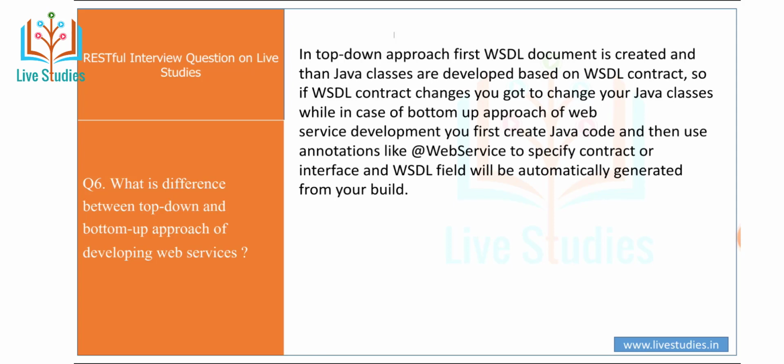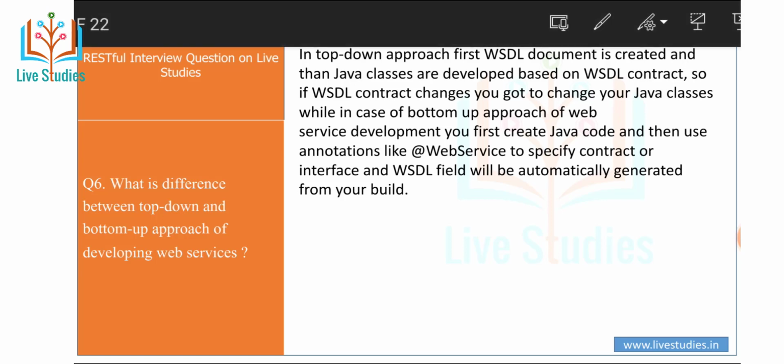While in the bottom-up approach of web service development, you first create the Java code and then use annotations like @WebService to specify the contract or interface, and the WSDL file will be automatically generated from your build. Means first create the Java code in a bottom-up approach.